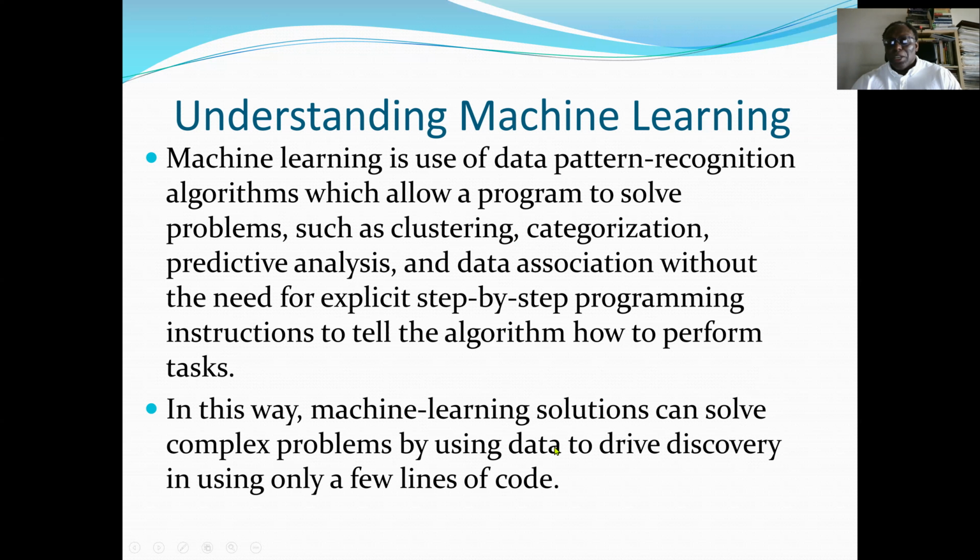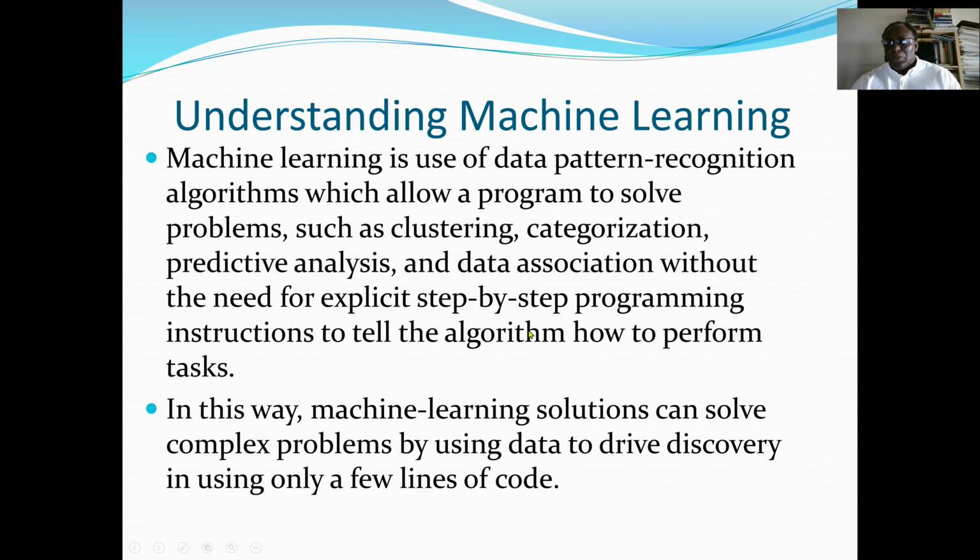So in this way, we say a machine learning solution can solve complex problems by using data to drive discovery using only a few lines of code. So the whole concept of machine learning is that instead of writing a program to perform a specific task, let's say we are going to write a software program so that an application can drive a vehicle, it would be very complex to write that kind of program.